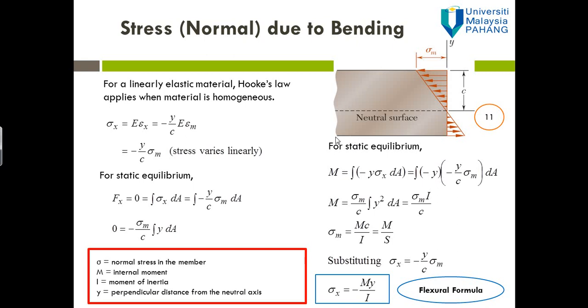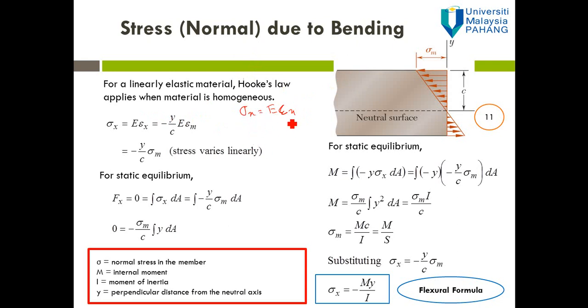Okay, now we proceed with the normal stress due to bending. So how to derive the stress developed due to bending? As we know, for linear elastic material, Hooke's law applies when the material is homogeneous. So Hooke's law is given by sigma x is equal to E epsilon x.